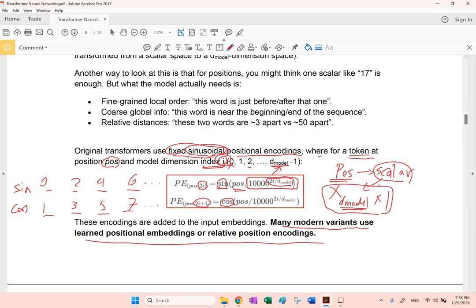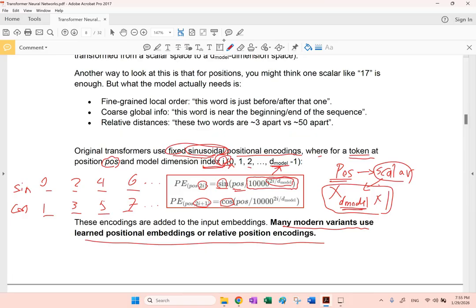This 2i divided by d_model is just a number between 0 and 2, because i can at most be d_model minus 1. So it's bigger than 0 and a little less than 2. Therefore, 10,000 to the power of that is anywhere from 1 to 10,000 squared, which is 100 million.